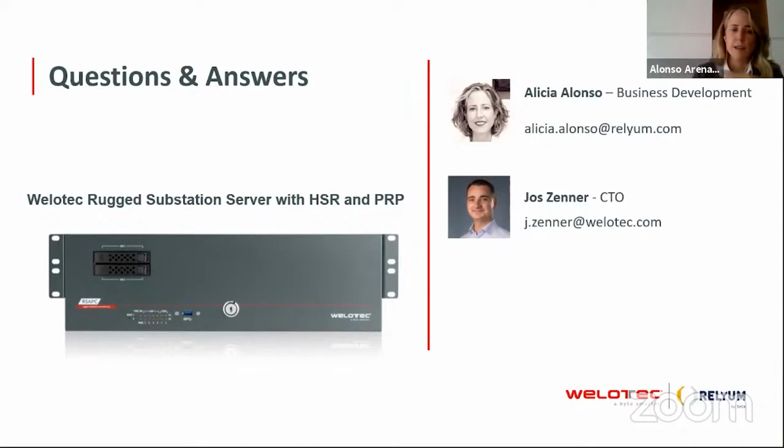I mean, it's an algorithm that is defined in the standard. So the only configuration needed is the IP address and the port and the VLAN. I mean, the same configuration that would be required with a standard network. And then the device that implements the red box technology is in charge in layer 2 to separate in 2 frames and discard the duplicated frame when received the 2. So it doesn't need any special configuration.